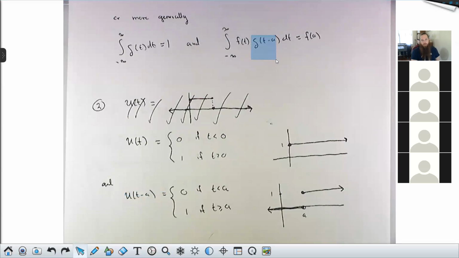Similarly, the delta function, rather than turning on and staying on, lets your input function do one thing, just one thing: whatever it does at 0, or in this case, whatever your input function does at a. That's the only impulse you're allowed to have. So this is kind of like being struck by lightning. If you have a circuit that's struck by lightning, this is kind of like having your switch turn on.